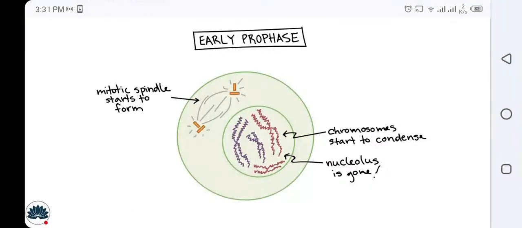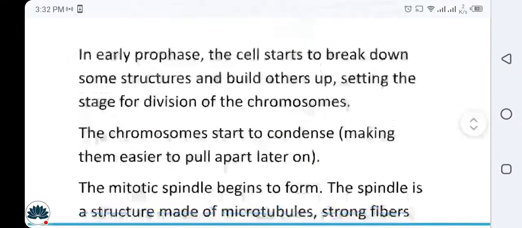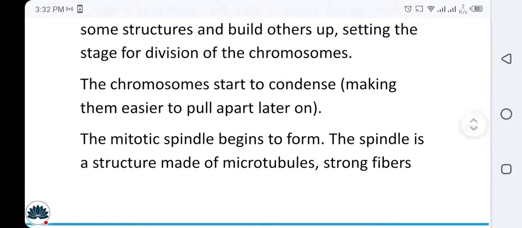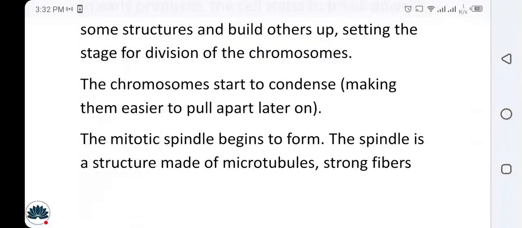Chromosomes start to condense and the nucleolus is gone, or we can say that it disappears. In early prophase, the cell starts to break down some structures and build others up, setting the stage for division of the chromosomes. The chromosomes start to condense, making them easier to pull apart later on.